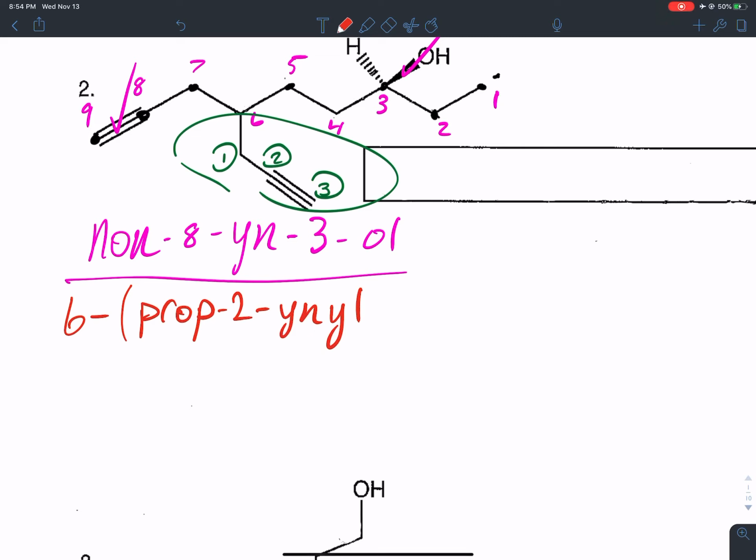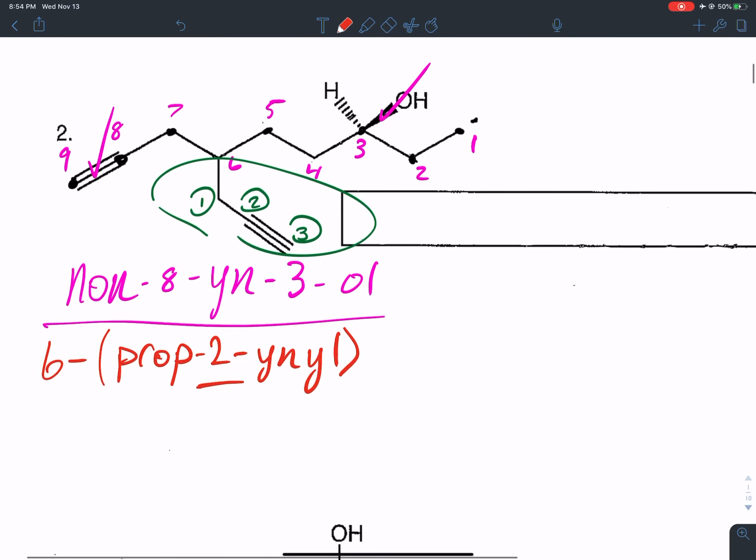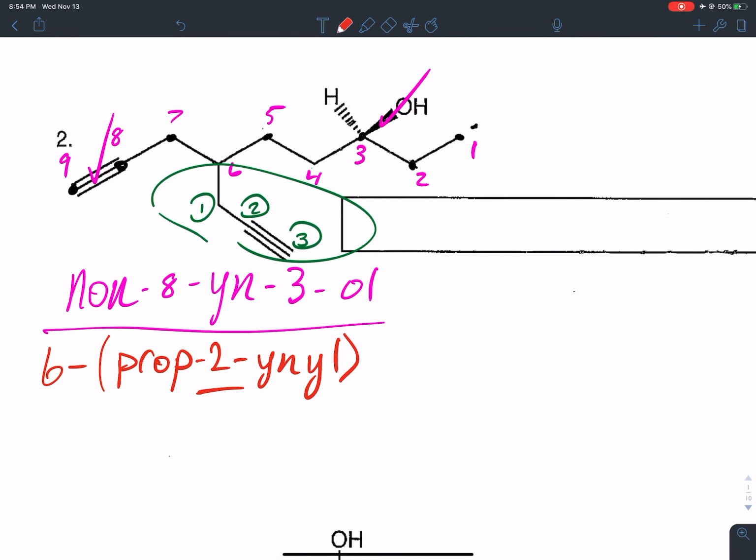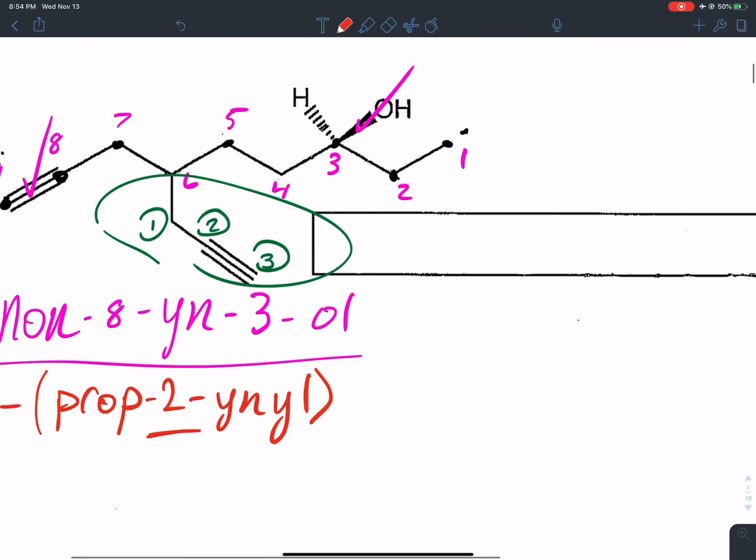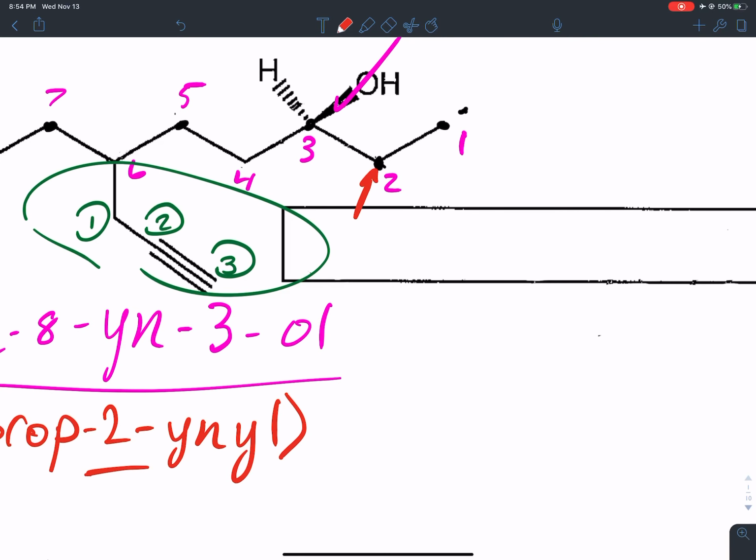So prop-2-ynyl. Just to reiterate, the reason I opened a parenthesis is because we're going to need to specify where the alkyne is. Right? We need to say that it's on carbon 2 of our substituent. We had to open the parenthesis because if we didn't put the parentheses, we would be trying to say that there was an alkyne on this carbon 2.